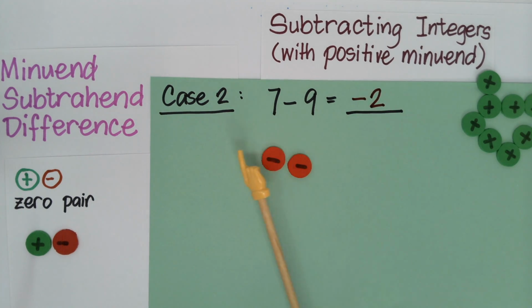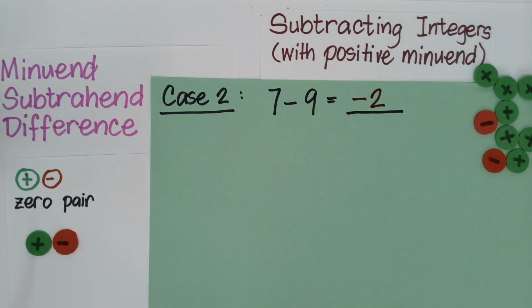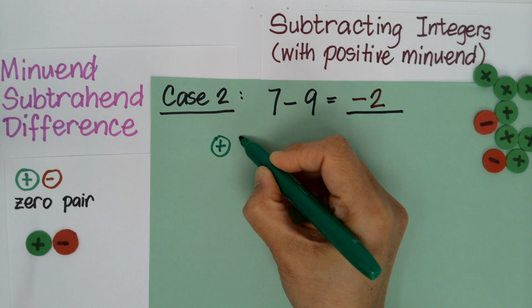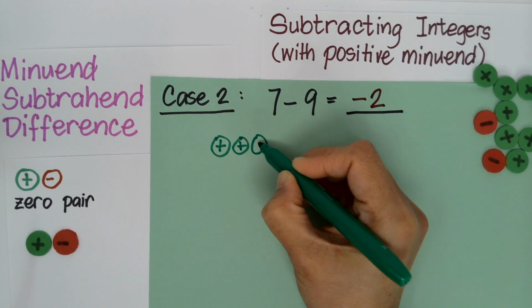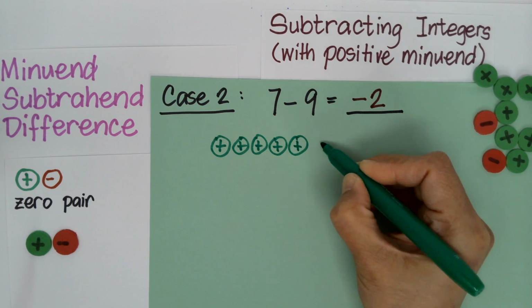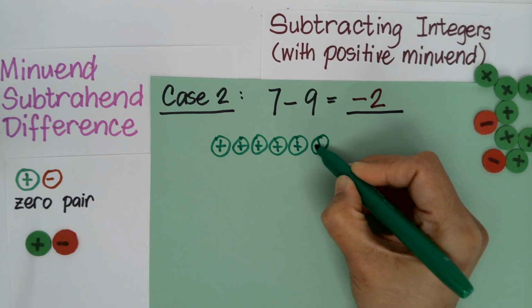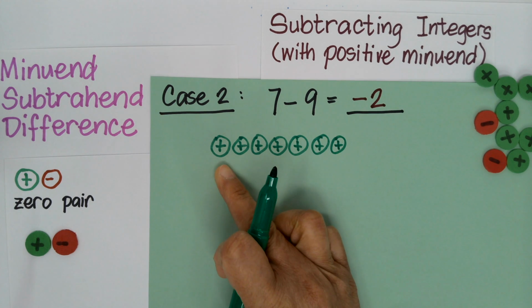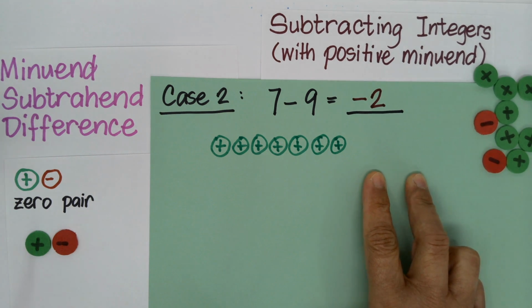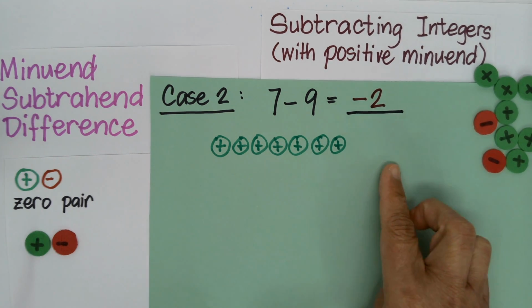Let's do a semi-concrete way. We start with 7 positive discs to represent positive 7. 6, 7. Then we introduce two zero pairs because we need two more discs.